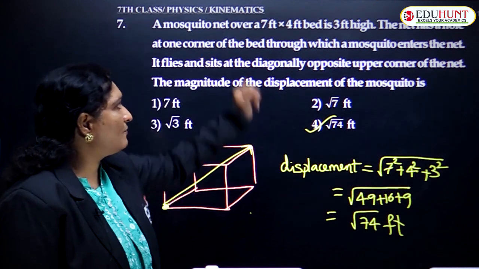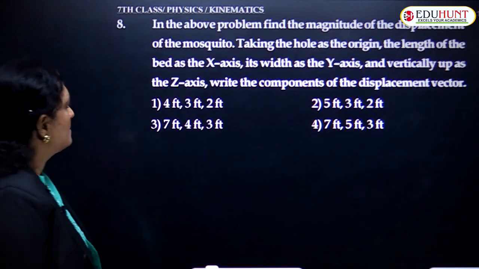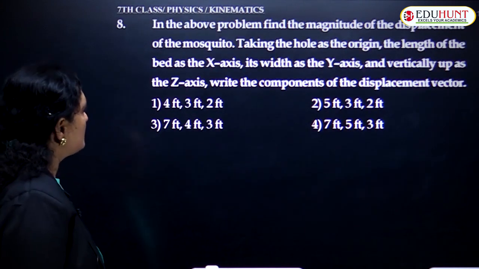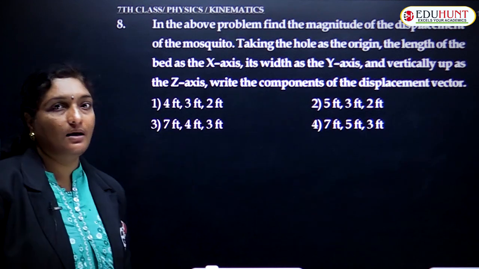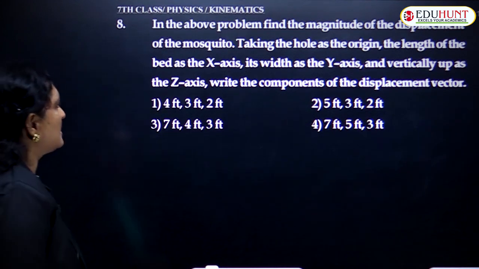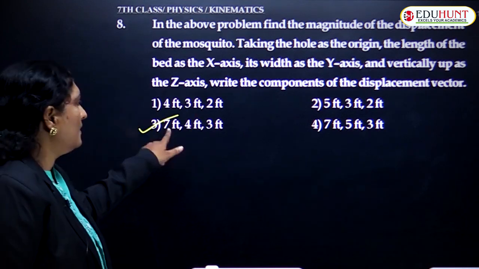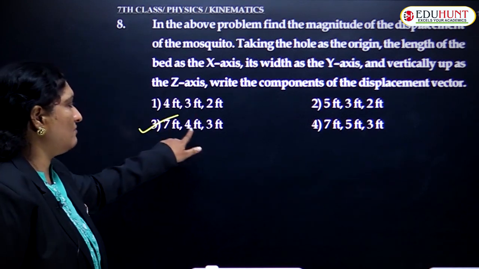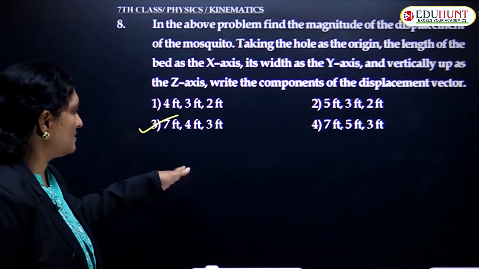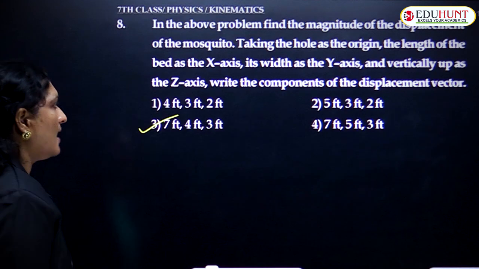Breadth was covered as 4 feet and height was covered as 3 feet. Okay. So, what are the answers, children? 7 feet is the length, 4 feet is the breadth, as well as height is taken as 3 feet. 7, 4 and 3. X-axis length 7 feet, Y-axis 4 feet breadth and Z-axis 3 feet height. Okay.